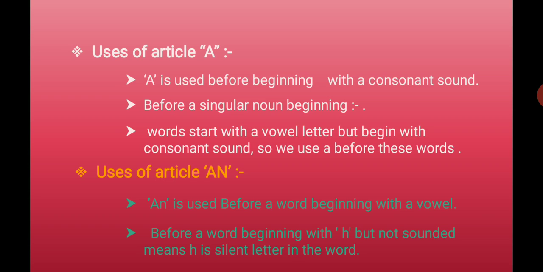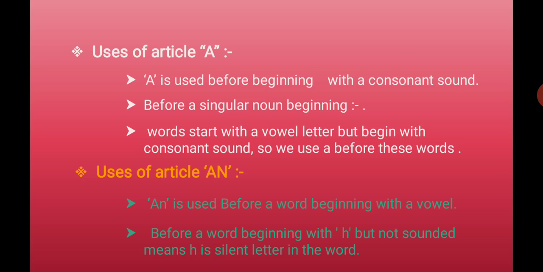Right? That's why we are using an before it. Do you remember any other words of this type? Yes, honor, hour. These are some examples of this type of words. So these are the rules of uses of A and an.